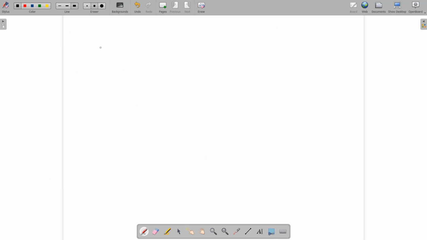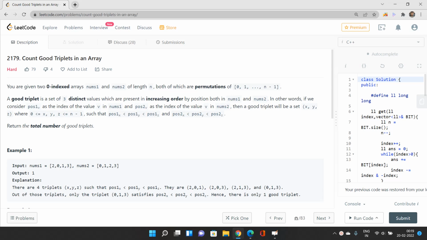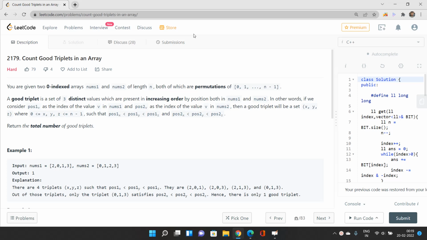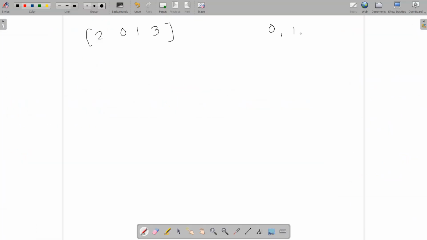So let's pick the same example, 2 0 1 3. So this is the very first array, and we have the another array 0, 1, 2, and 3.